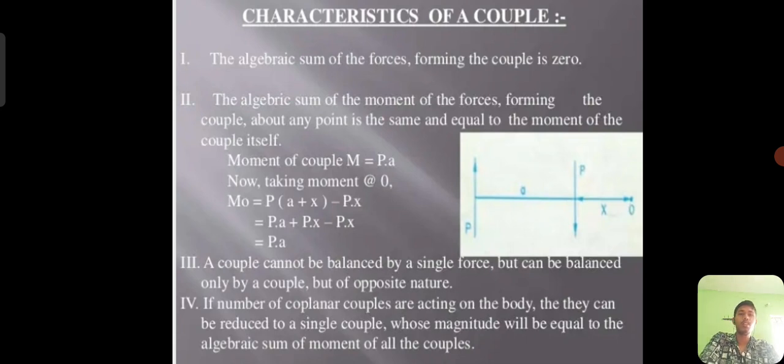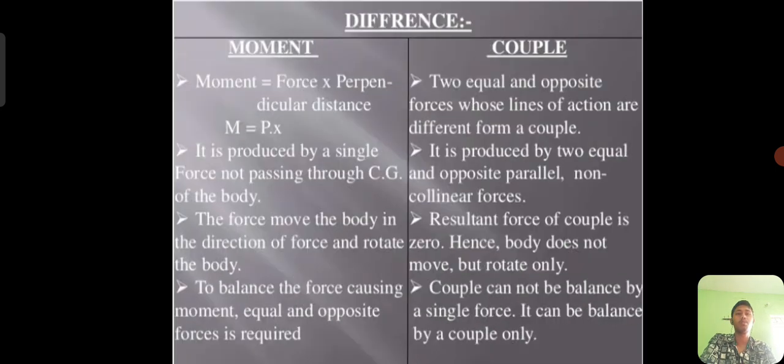Third, a couple cannot be balanced by a single force but can be balanced only by a couple of opposite nature. If a number of coplanar couples are acting on the body, they can be reduced into a single couple whose magnitude will be equal to the algebraic sum of the moments of the couples.